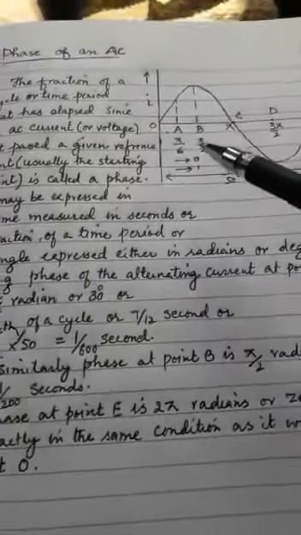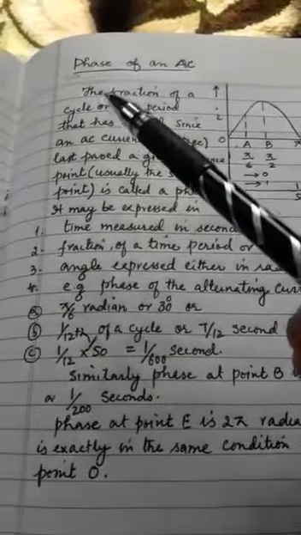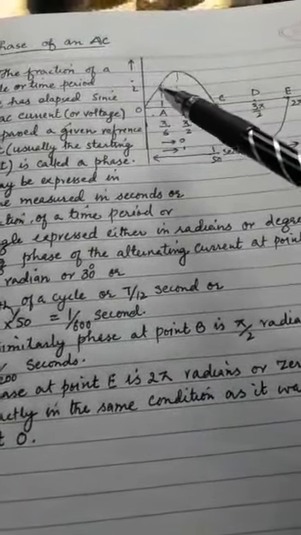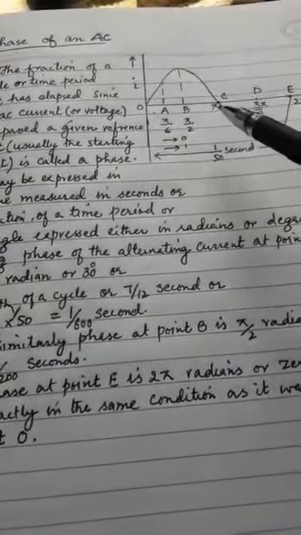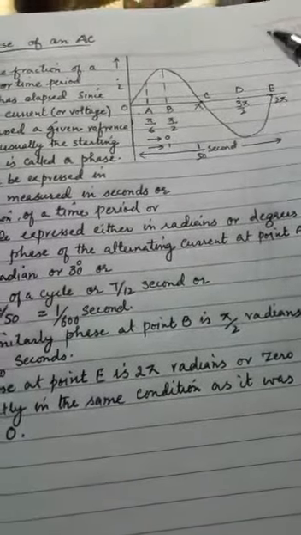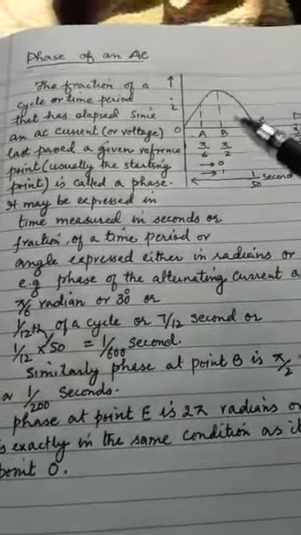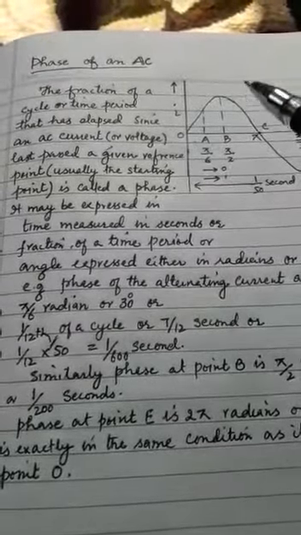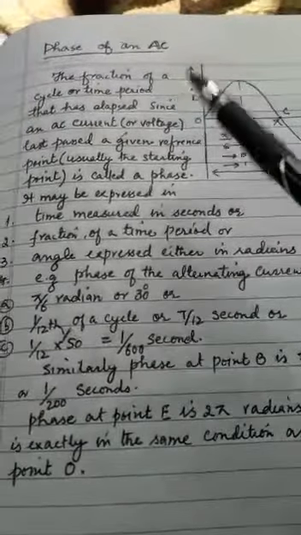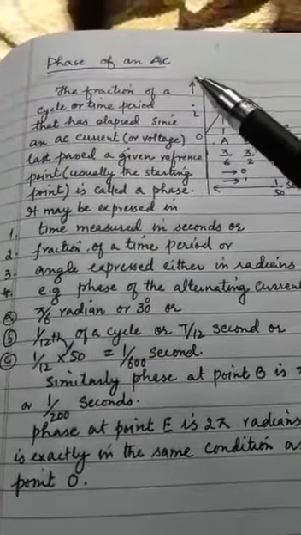Here we are discussing phase. Phase means a portion of a sine wave. This is one portion, this is the second, third, fourth, and fifth portion of this sine wave. So we are discussing these phases differently. That's why we call it the phase of AC.